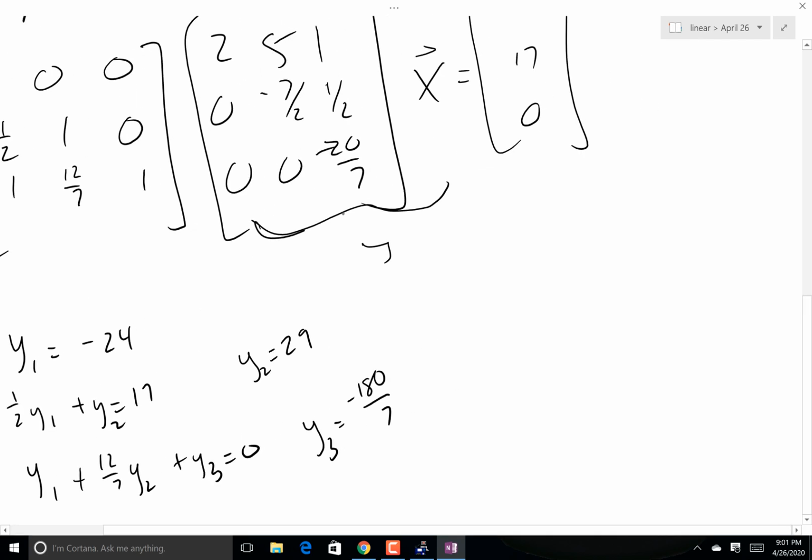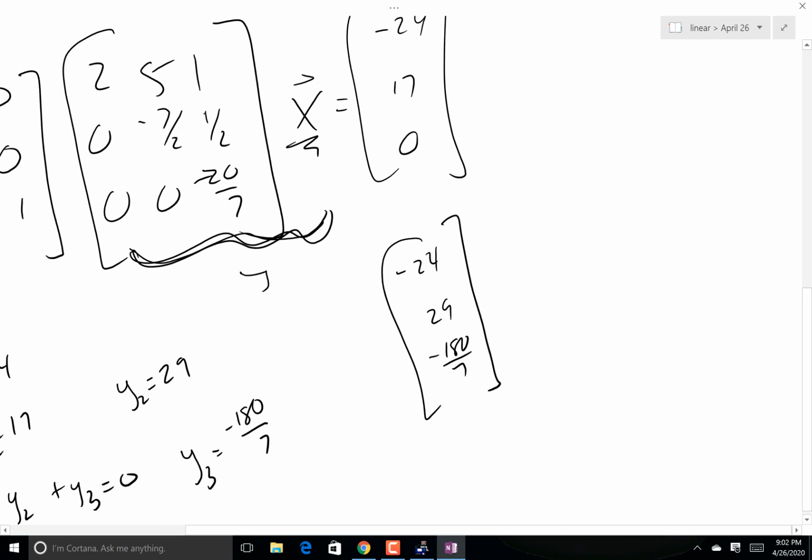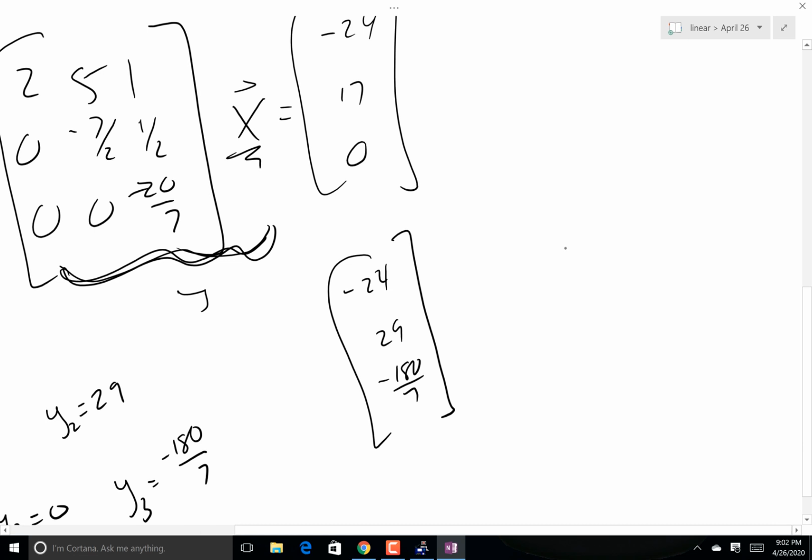So what we're saying is this whole bit right here is equivalent to negative 24, 29, and negative 180/7. That's what this here is equal to. So let's solve for this vector here then. Starting from the bottom and working up, negative 20/7 x3 is equal to negative 180/7.